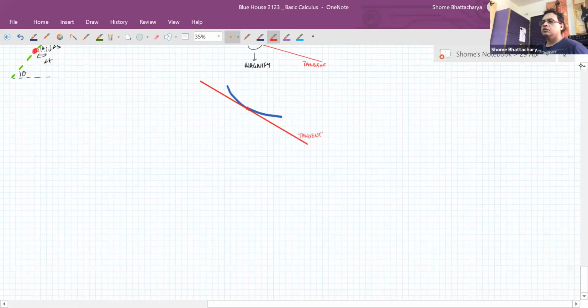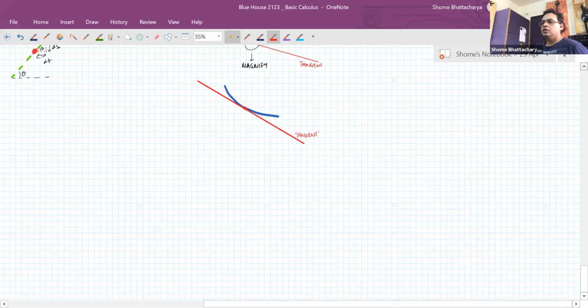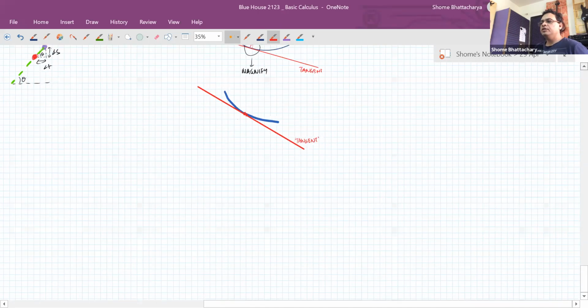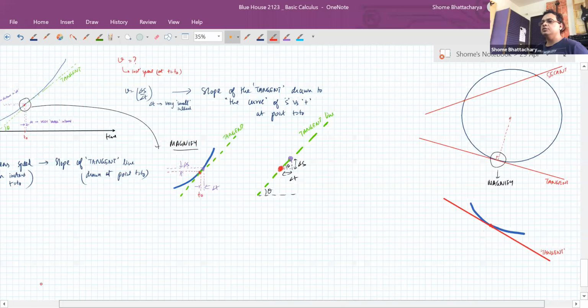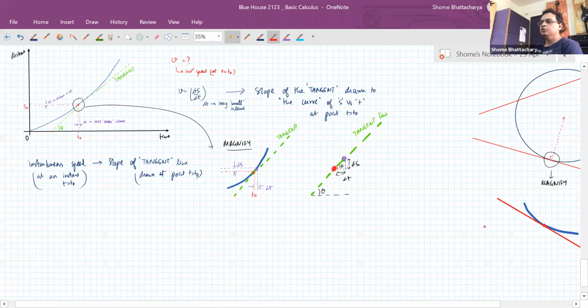Yes, sir. Thank you. Okay. So it's a bit of an abstract concept, of course, and that is why we need new mathematical machinery, which is called calculus. But here itself we can note this point: for a perfectly drawn tangent, delta t should be so small that it tends to 0.